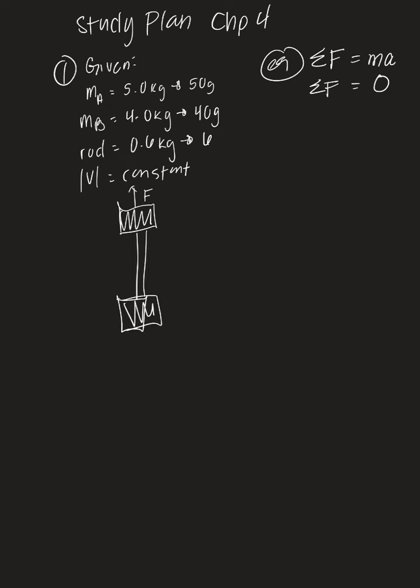This is rod A, rod B, and this is 5.0 kg, 4.0 kg, and then the rods are 0.6 kg.